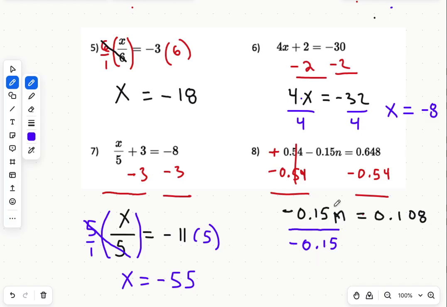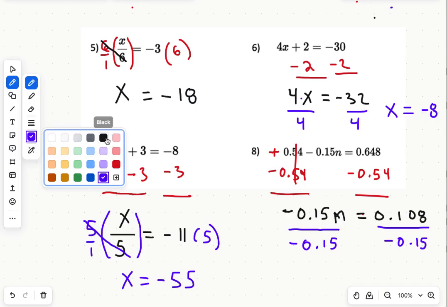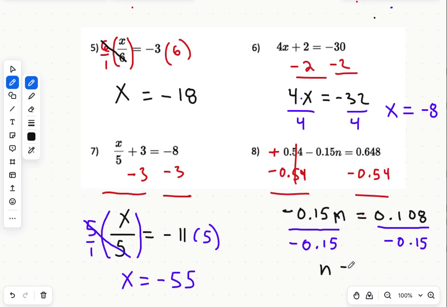Because when you do that, that leaves you just plain 1n, and that's always our goal in terms of the variable. And then we'll throw that in a calculator, and that comes out to n equals negative 0.72.